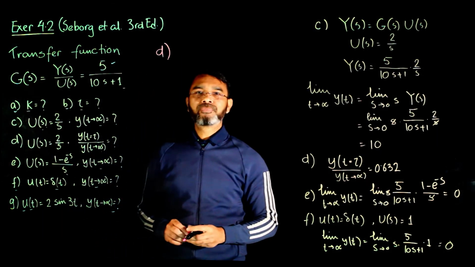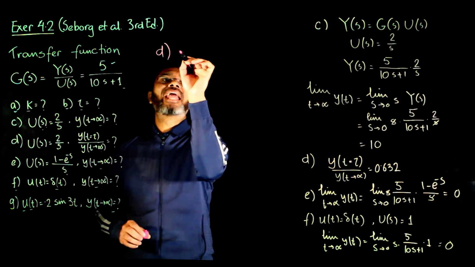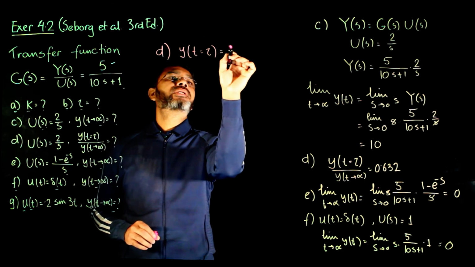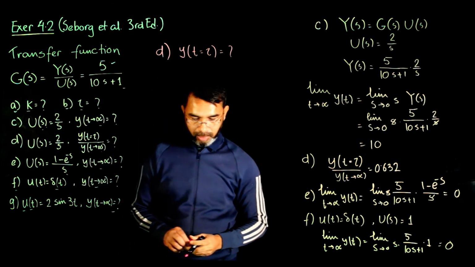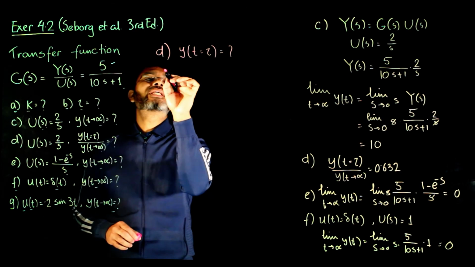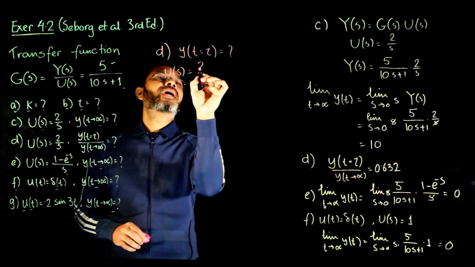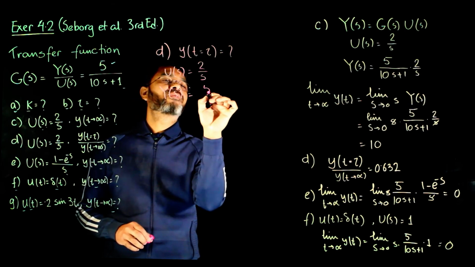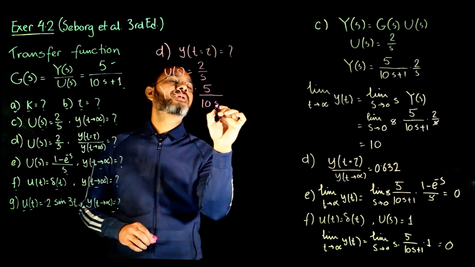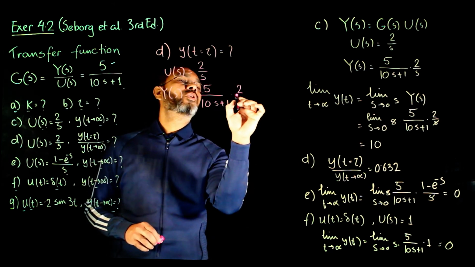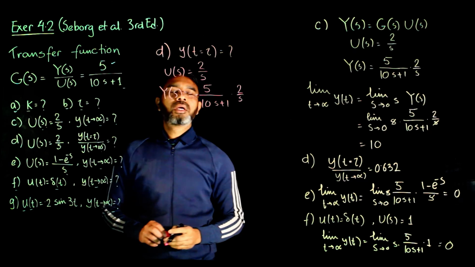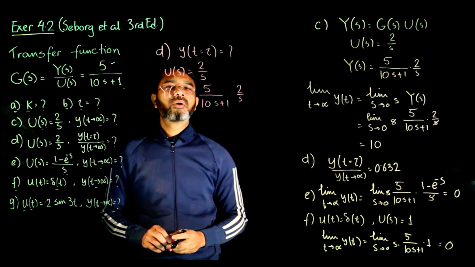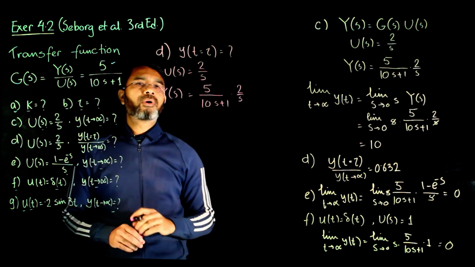Problem D also asked you to find the value of y when t equals tau. For this case, U(s) was given as 2 over s. So Y(s) will be 5 over 10s plus 1, times 2 over s. Now we'll use the inverse Laplace formula to get the expression for y(t).